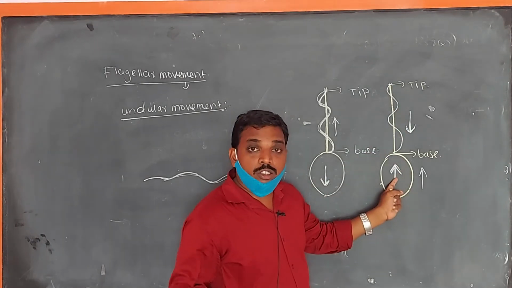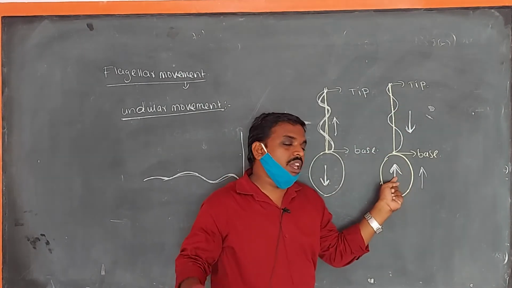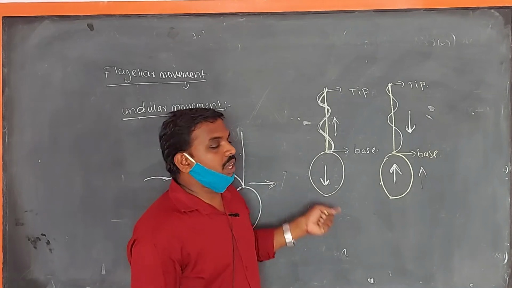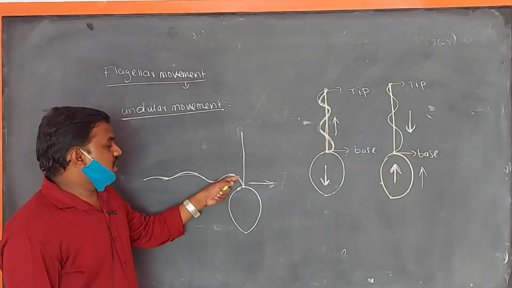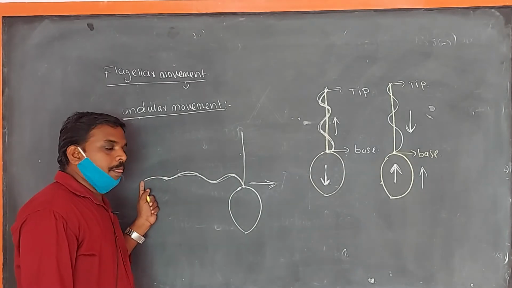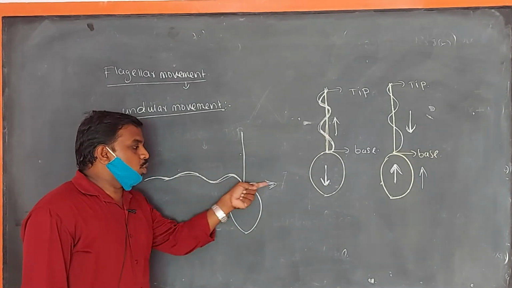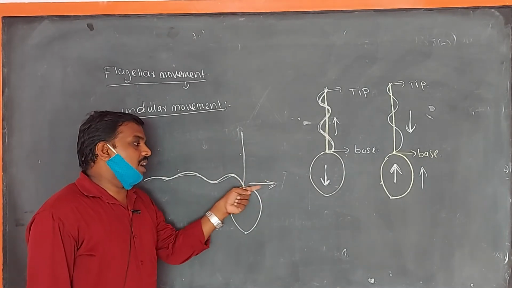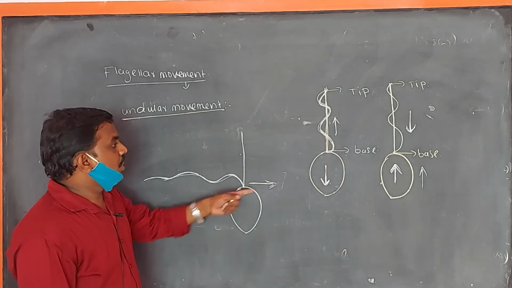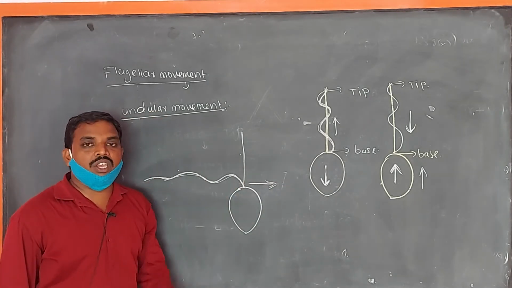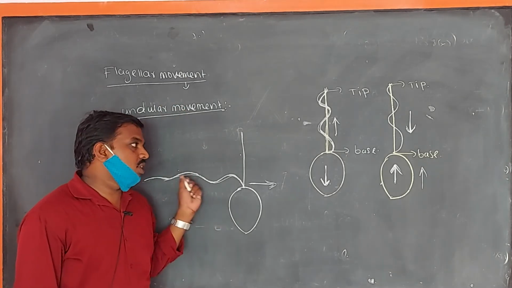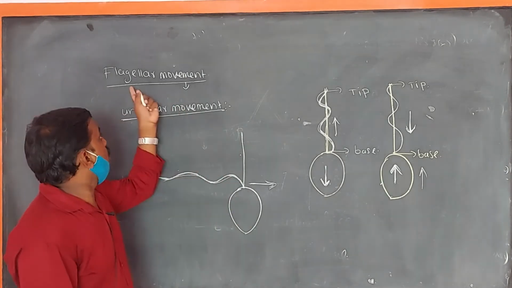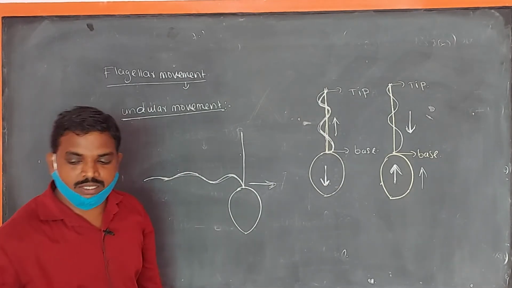It is seen in the propeller of an aeroplane. And the third one, the flagellum bends into one side and the organism moves in the opposite or lateral direction. These three types of movement are seen in the angular movement with the help of flagella, and are also called the flagellar movements.